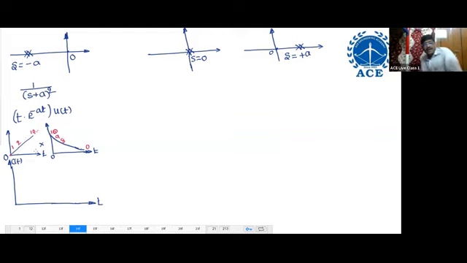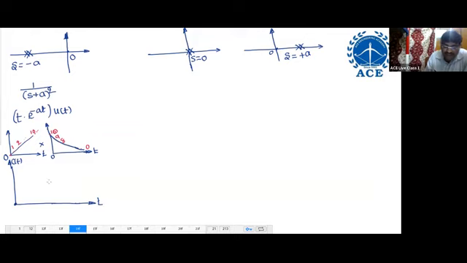Now take the product. 0 into 10 is 0, it starts from 0. 1 into 9 is 9. 2 into 8 is 16. 3 into 7 is 21. 4 into 6 is 24. 5 into 5 is 25. Again, what happened here? 6 into 4 is 24. 7 into 3 is 21. Finally, 10 into 0 is 0.